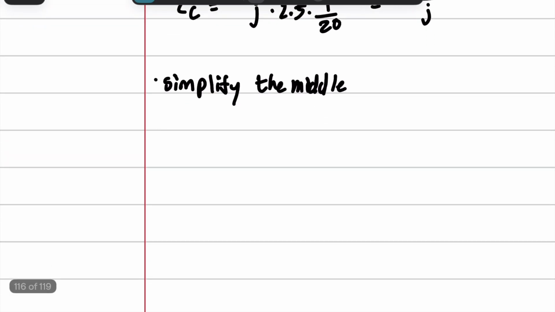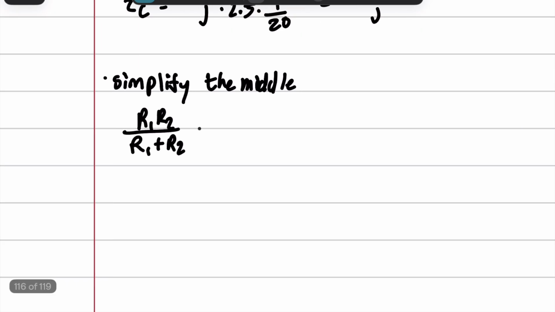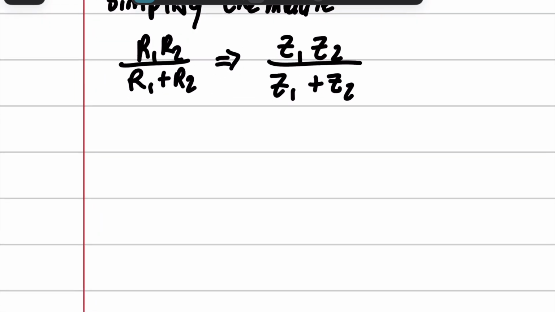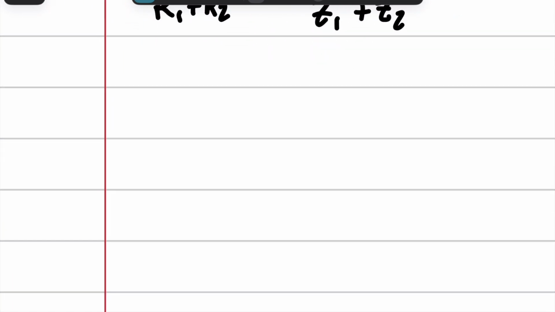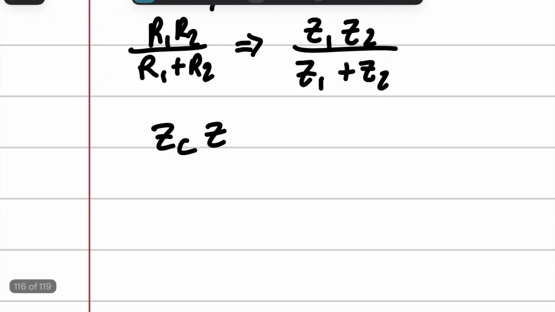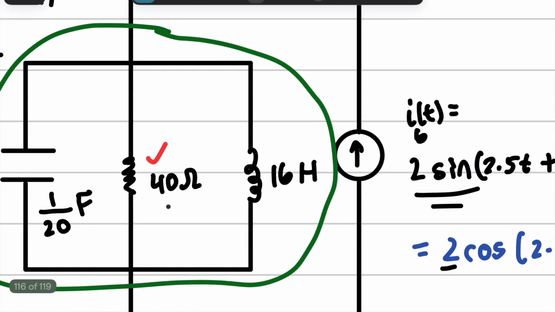So everything is in parallel, so we're going to use R1, R2 over R1 plus R2. Except this time we're going to use Z1, Z2 over Z1 plus Z2. And in this case, we are going to be combining the capacitor and the inductor. So I'm going to say ZC times Z. Actually, no. Let's go ahead and combine the resistor first.